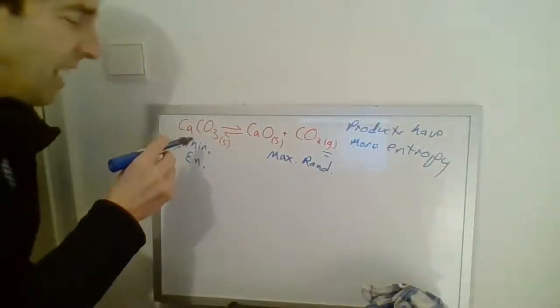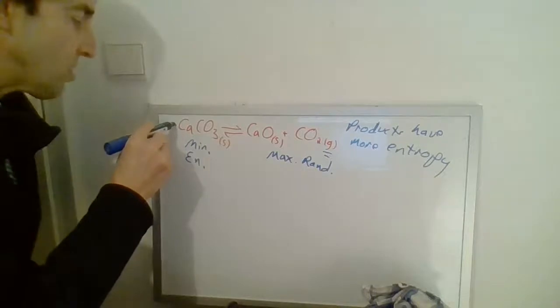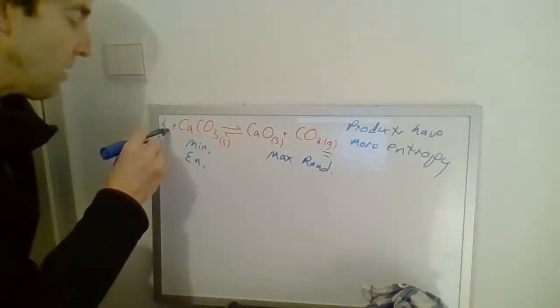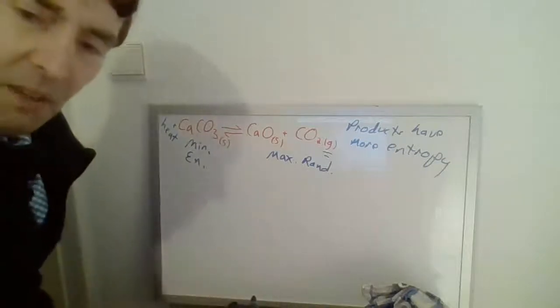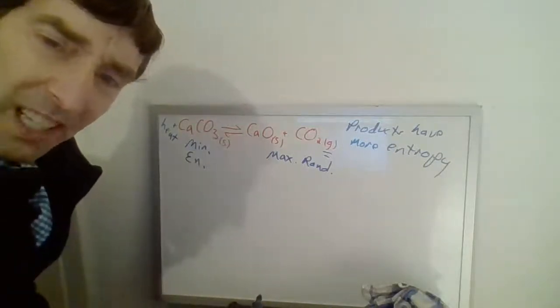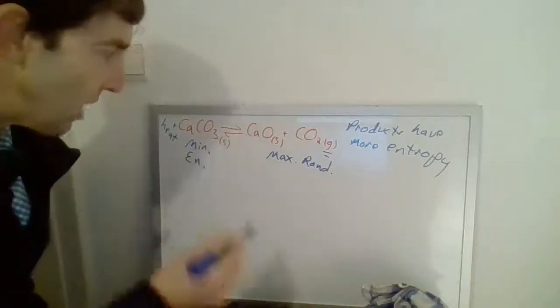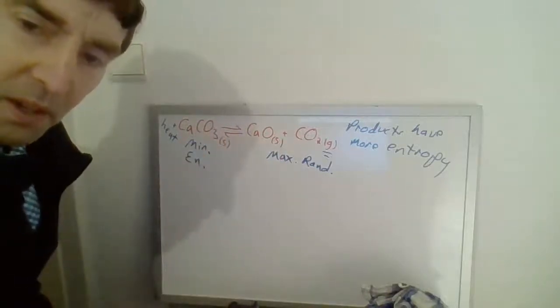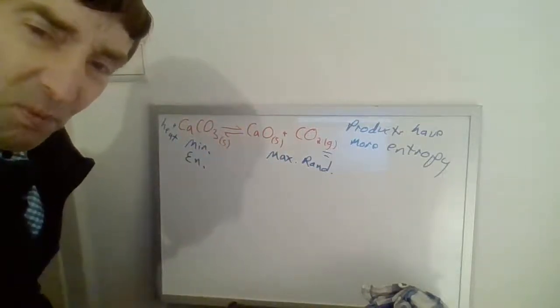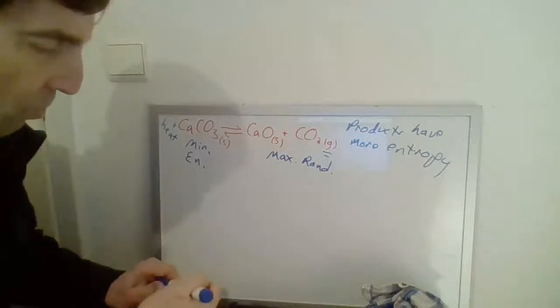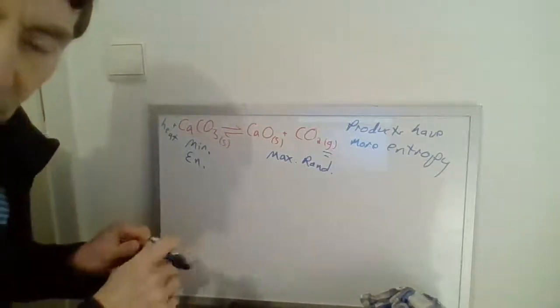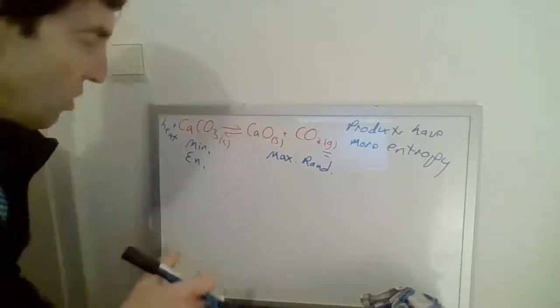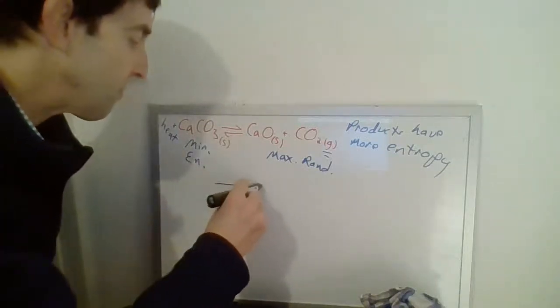And if I had to add heat here, I'd have to add it to this side, wouldn't I? To break it up. In fact, gang, what sort of reaction is this? This is what family of reactions, just to review the word. What kind of reaction is this?